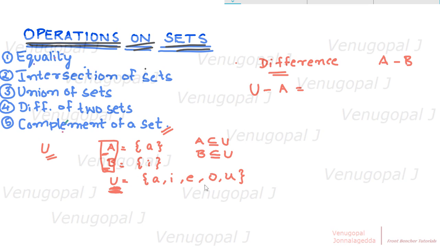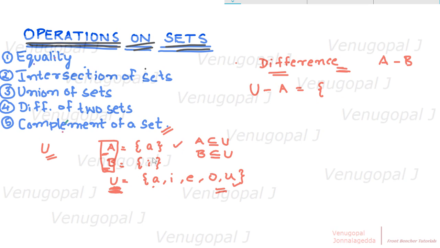Now if this is my universal set, my complement of a set becomes, in this case, the same operation we did for a difference of a set. So you subtract U minus the set A. We just know the rules: first we need to locate a common element.